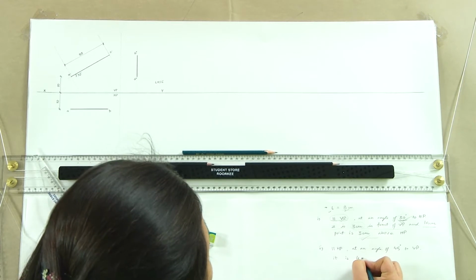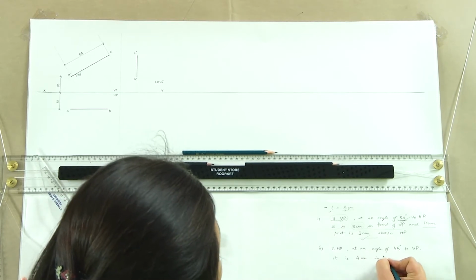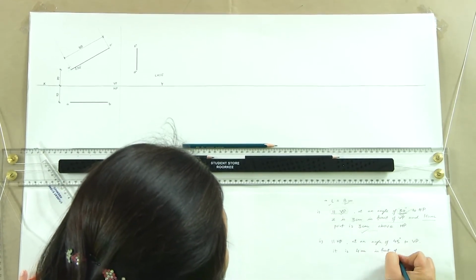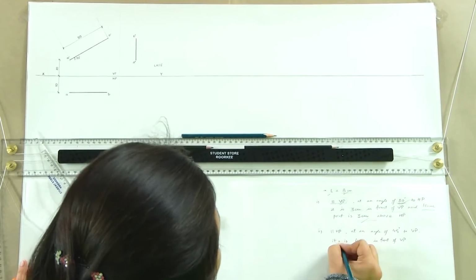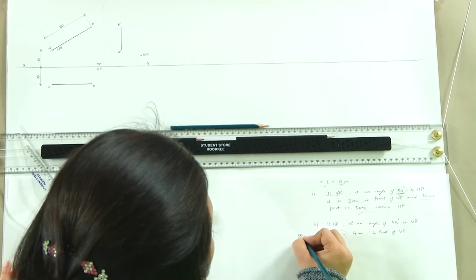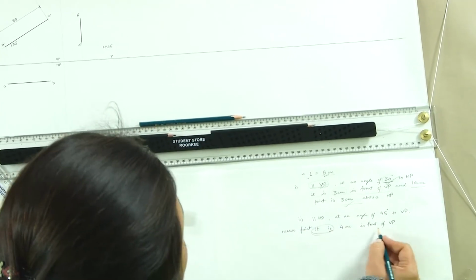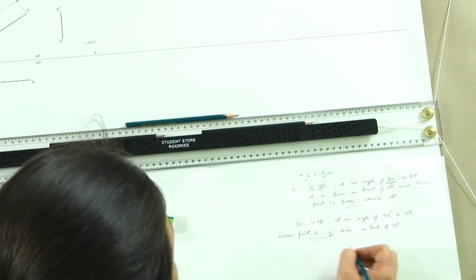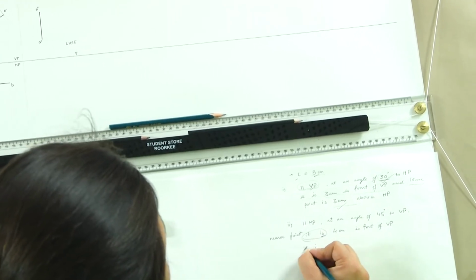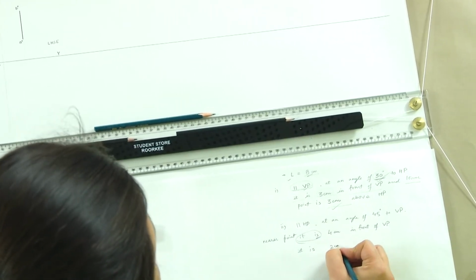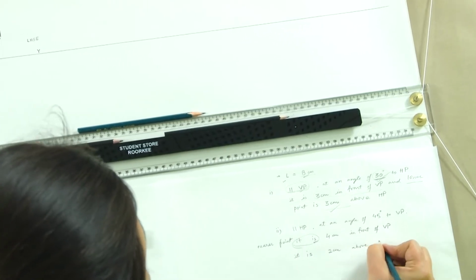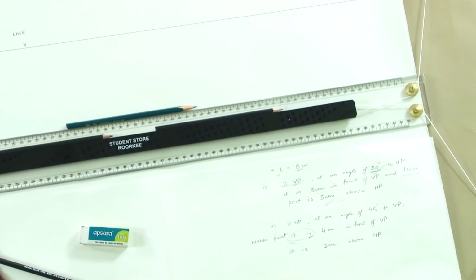It is 4 centimeter in front of VP, or we should say the nearer point is 4 centimeter in front of VP, and it is 2 centimeter above HP.